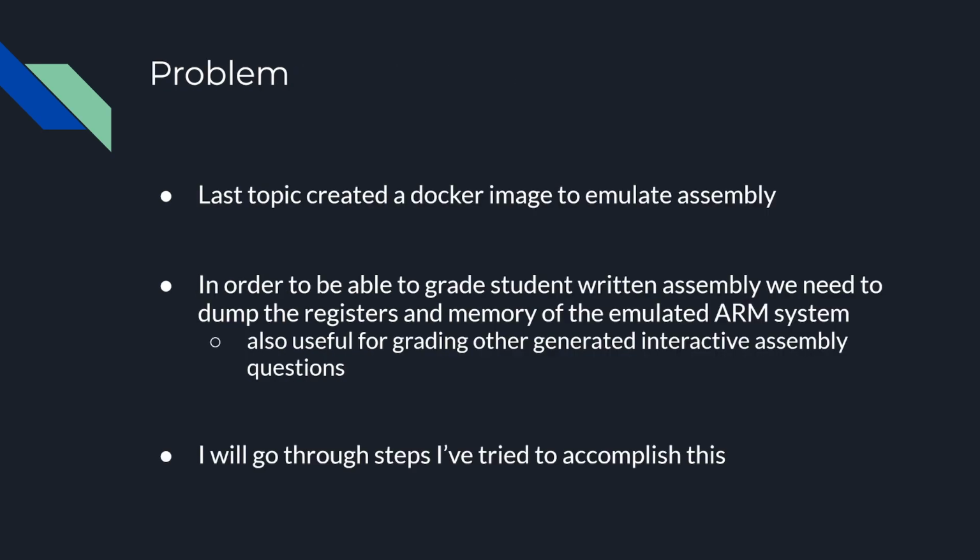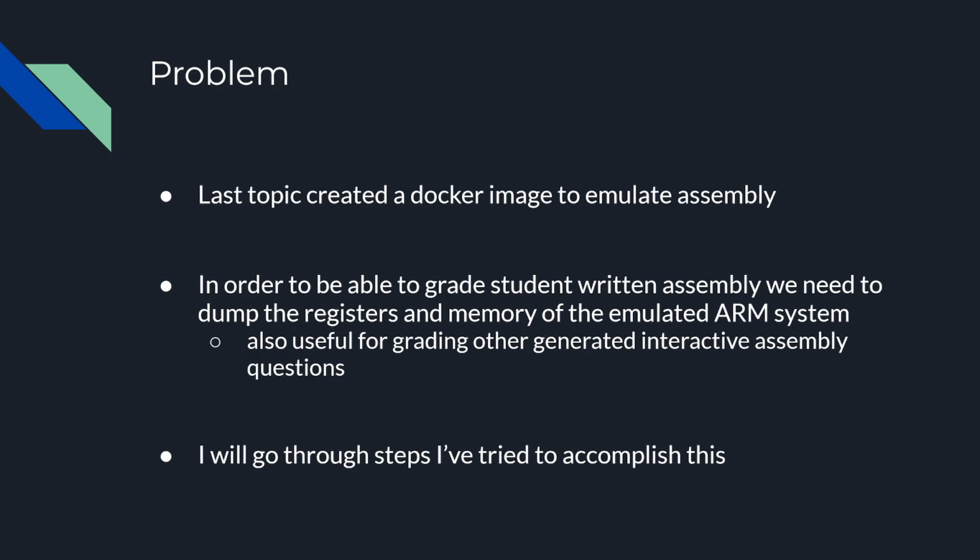As I touched on earlier, our last topic was just making the image. In order to grade student-written assembly, we need to actually dump the registers and memory. An example question might be some C code like A equals 2, B equals 3, and then C equals A plus B, and store the value of C in, I don't know, register 2 or something.